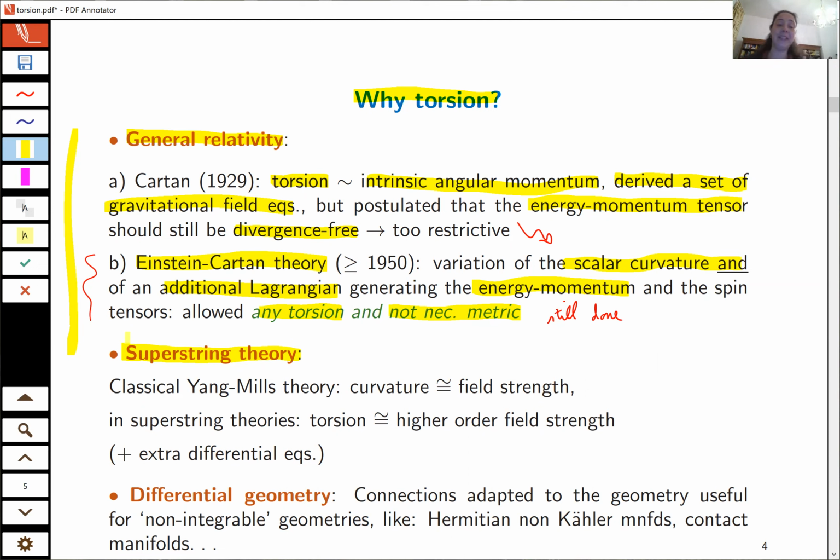So in classical Yang-Mills theory, the mathematical concept of curvature is interpreted on the physics side as a field strength, right? Whereas in superstring theories, torsion will play the role of the field strengths, and one will interpret field strengths as being higher order torsions. Okay. However, plus some extra differential equations, which I'm not gonna speak about.